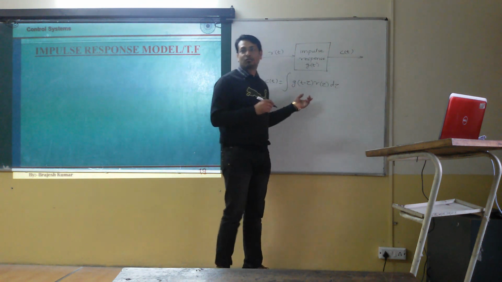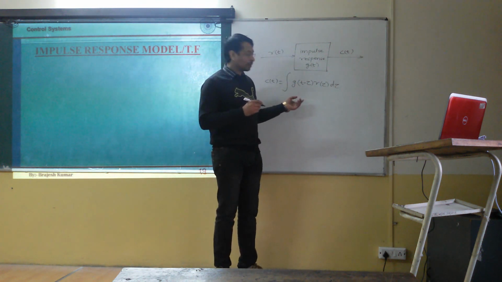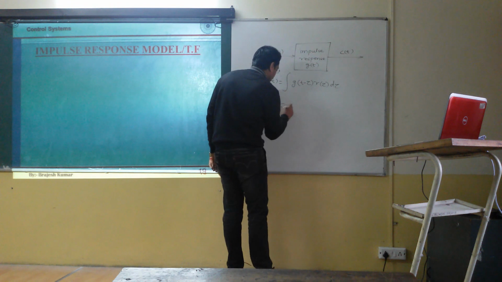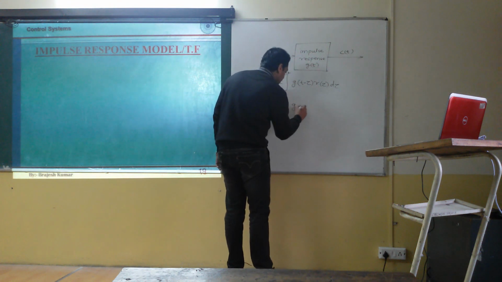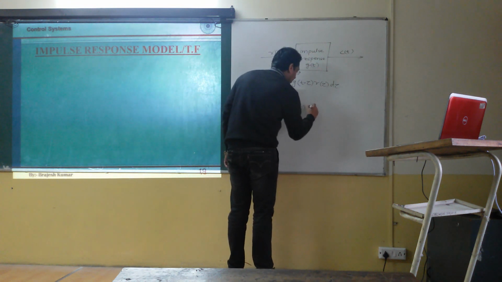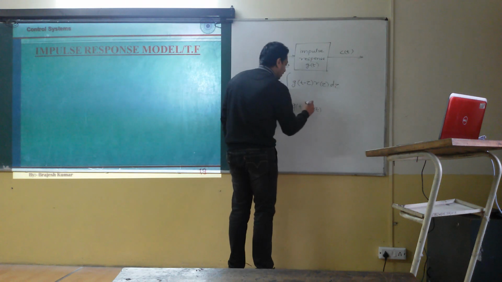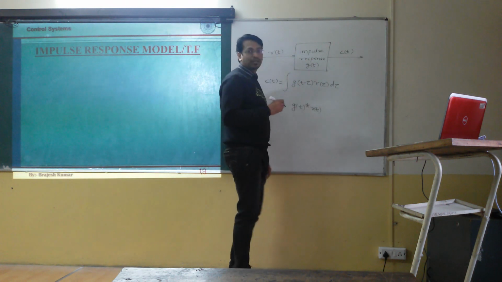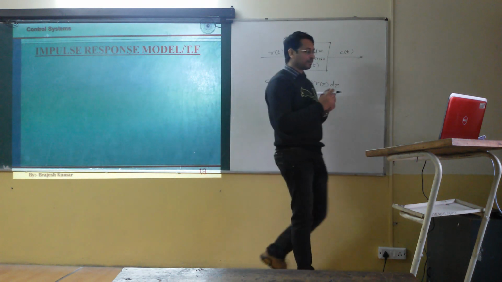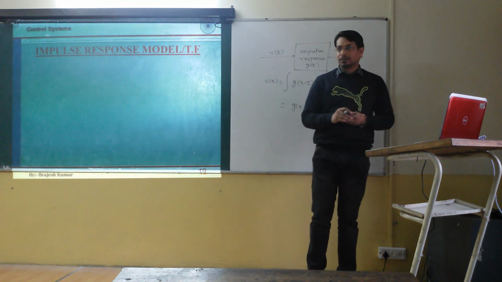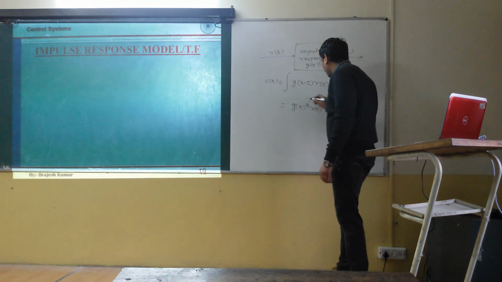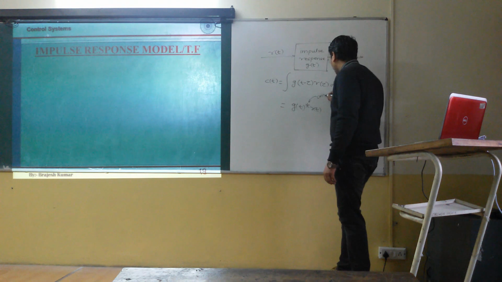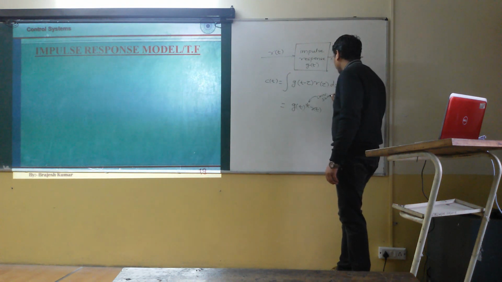This is actually the convolution of g(t) and r(t), and you are going to denote it with an asterisk. Okay, so this is the notation for the convolution sum.